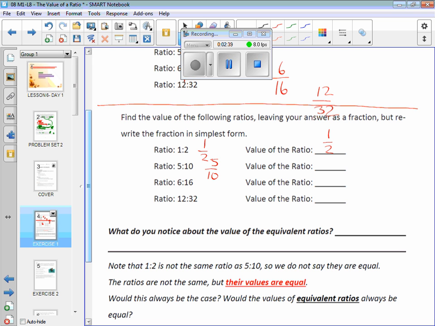What about 5 to 10? Is there a number that goes into both 5 and 10? Can we reduce it? Yes. Aiden. What number goes into both 5 and 10? 5. Ready? What's 5 divided by 5? 0.